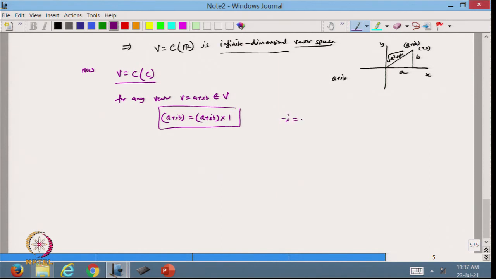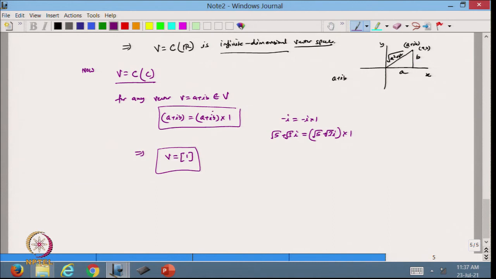I can write this as minus i into 1, or root 5 plus 3i into 1. From here I can say that this whole vector space V is spanned by 1, because all the elements are spanned by 1.